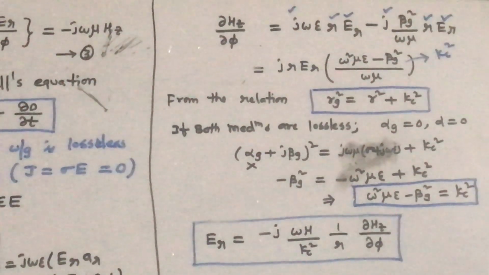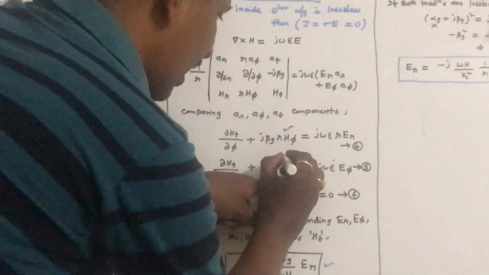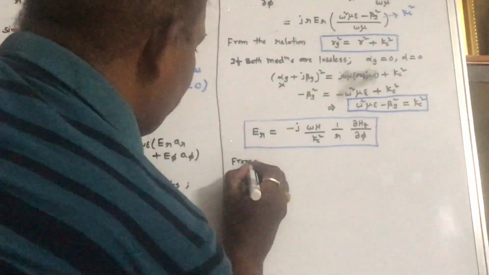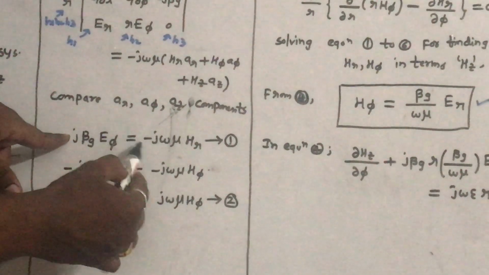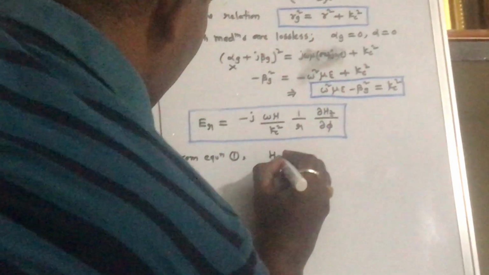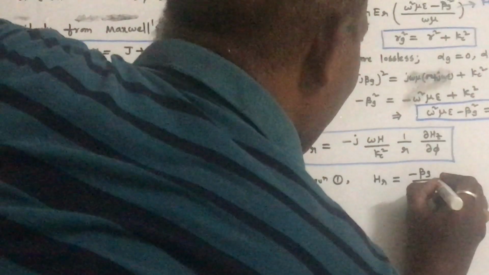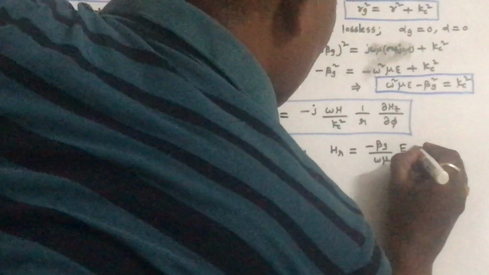Similarly, you can see, we find HR from equation 1. So from equation 1 you can see that HR is equal to, j gets cancelled, minus beta g by omega mu into E phi. So therefore, HR is written as minus beta g by omega mu into E phi.